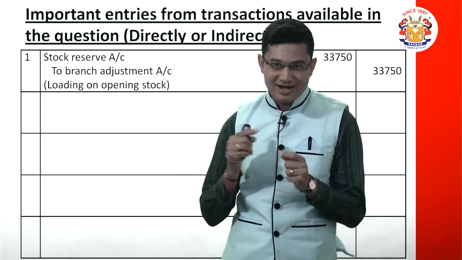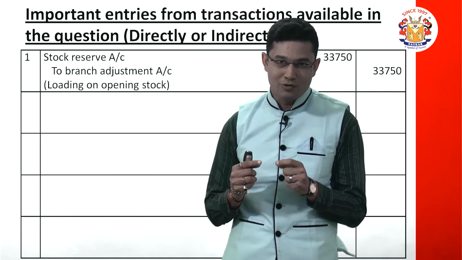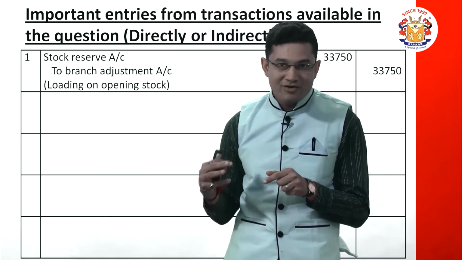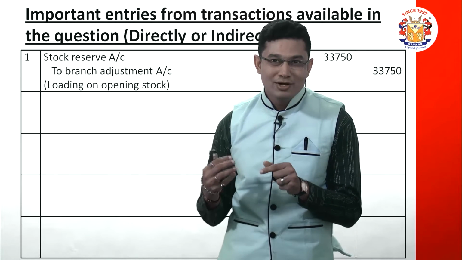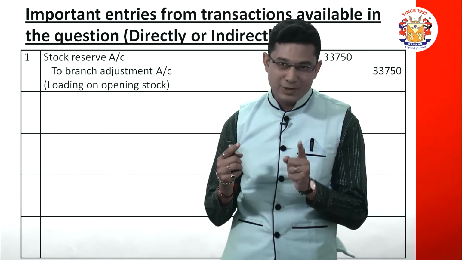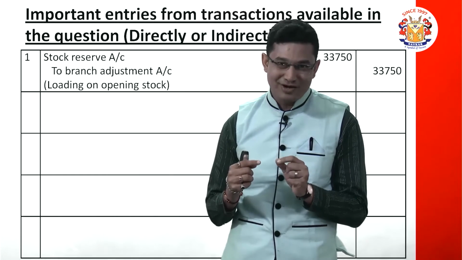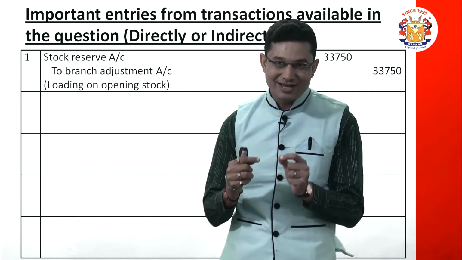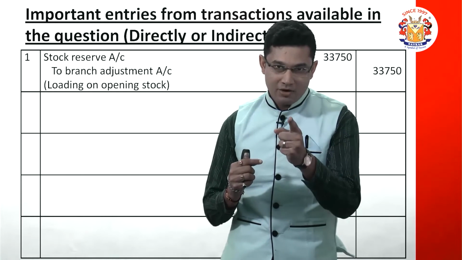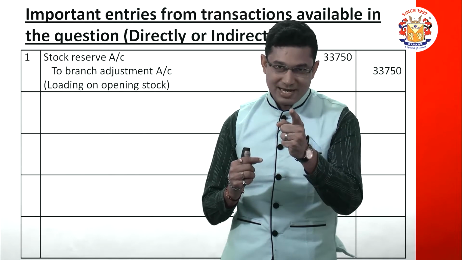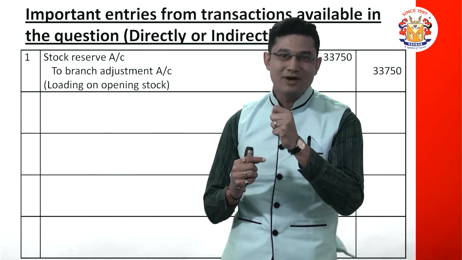And on the credit side of branch adjustment account, we will record already realized profit or going to be realized profit. Mind well. Then we will get the difference on the debit side of branch adjustment account, which will be known as gross profit, meaning selling price minus cost price.